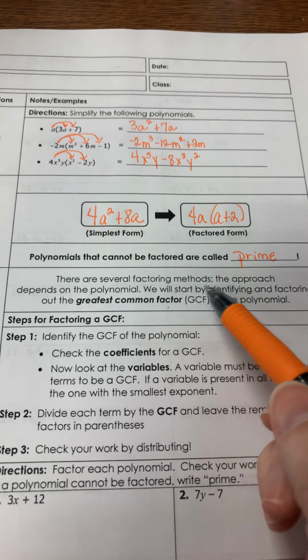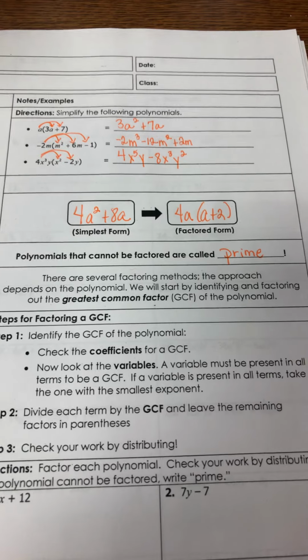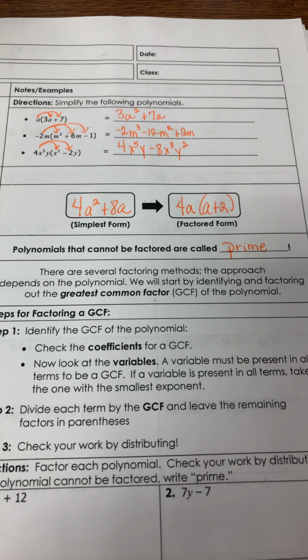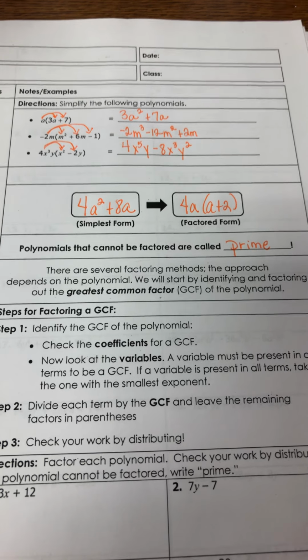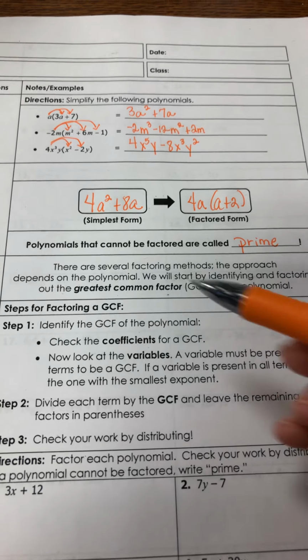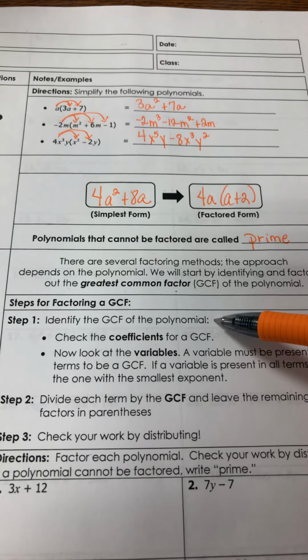There's several factoring methods. The approach depends on the polynomial. What you should always do, no matter what type of factoring you're doing, is always take out a GCF first, and then complete your factoring with any other method. So, steps for factoring a GCF. Identify what the GCF is.